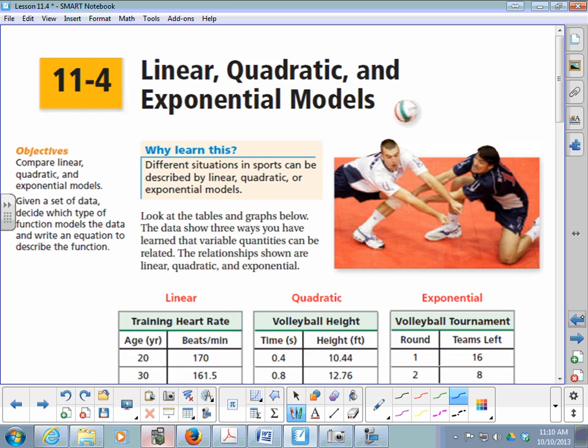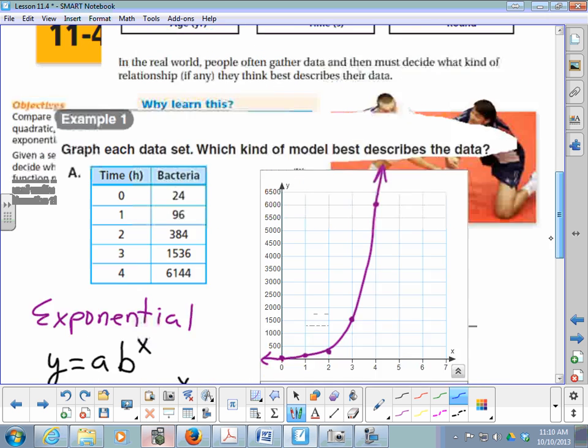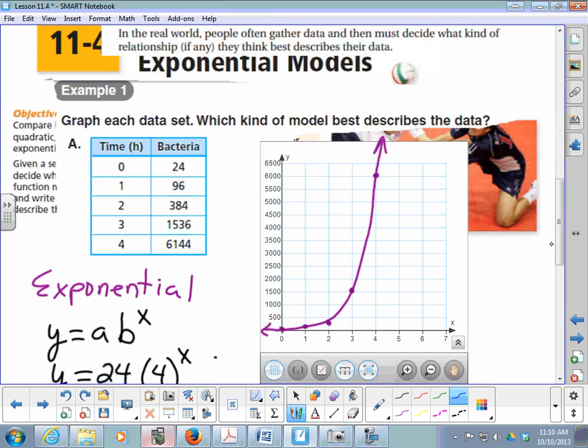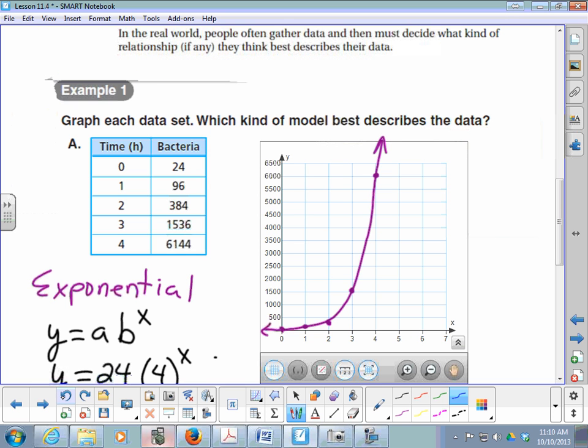If all I cared about was the set of points instead of the line, I might not have been so sure whether this was quadratic or exponential. But because there's this huge gap here, I was sure it was exponential, and when I did my work with the numbers, I knew for sure it was.